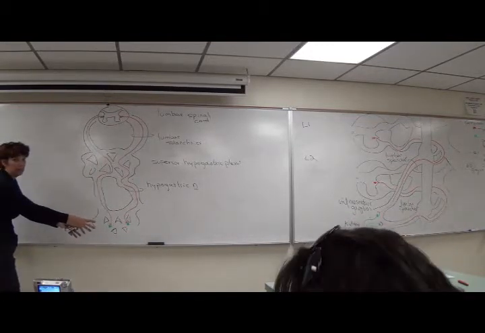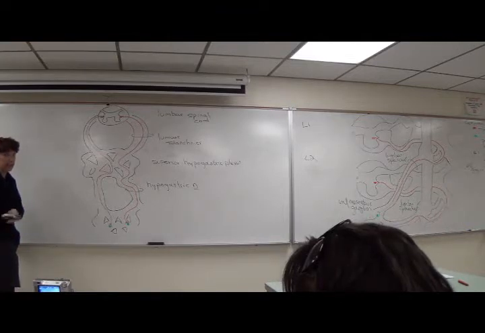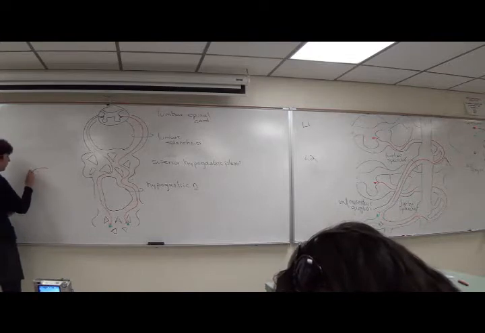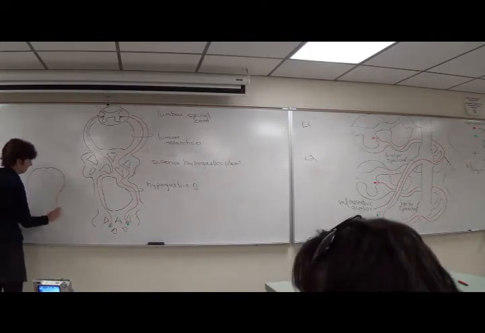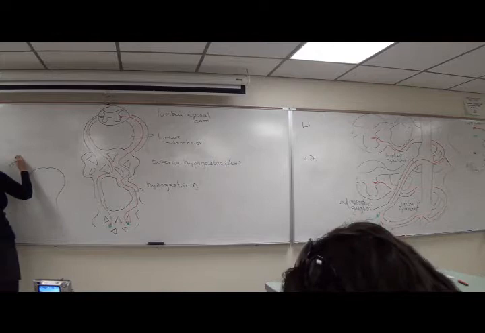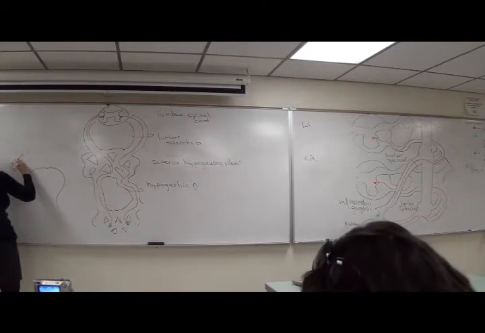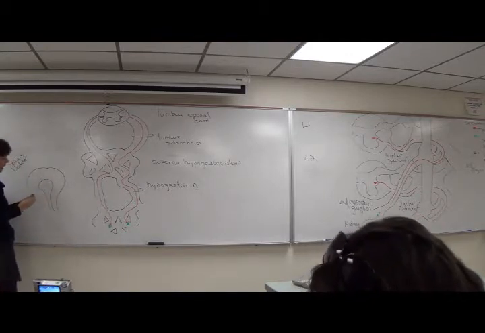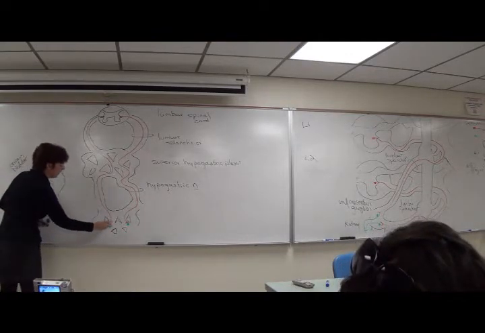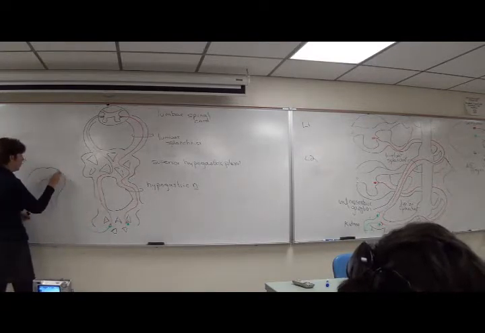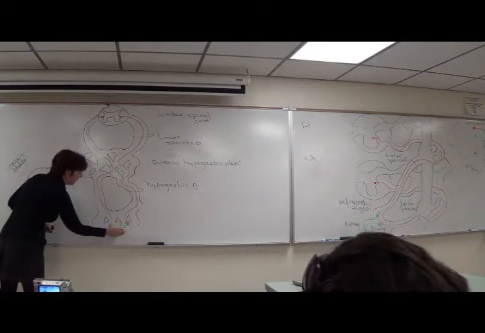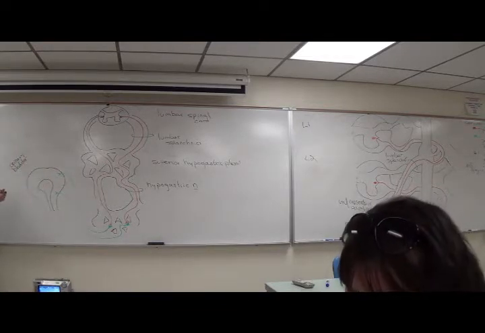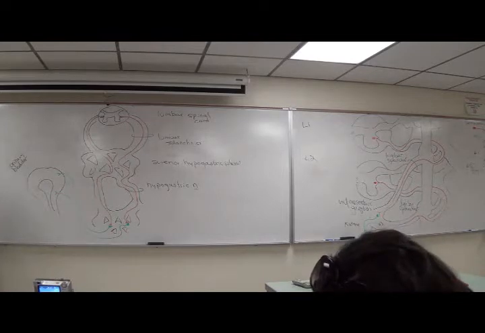That should really be in the middle. My bladder is not way over here on the outside of my body, but I don't have room on my board. Here's my urinary bladder. And the postganglionic neuron is going to come into the wall of the urinary bladder. We only have one, so both of them will come into the wall of the urinary bladder to innervate it. We don't have any more names for those neurons, okay?